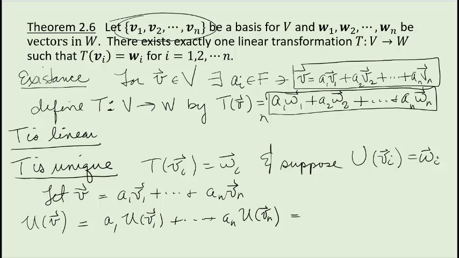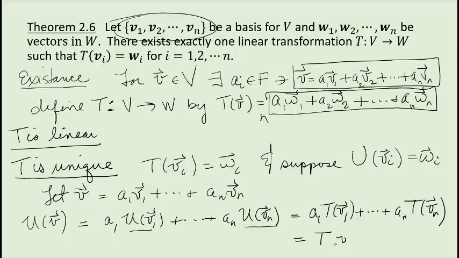And, oh, well, these are exactly the same as T. So it is A1 T of V1 plus, replacing the U's with T's, A sub n T of V sub n. And that is T of V. So we can say, therefore, U is equal to T, and T then, the one that we defined, is unique.